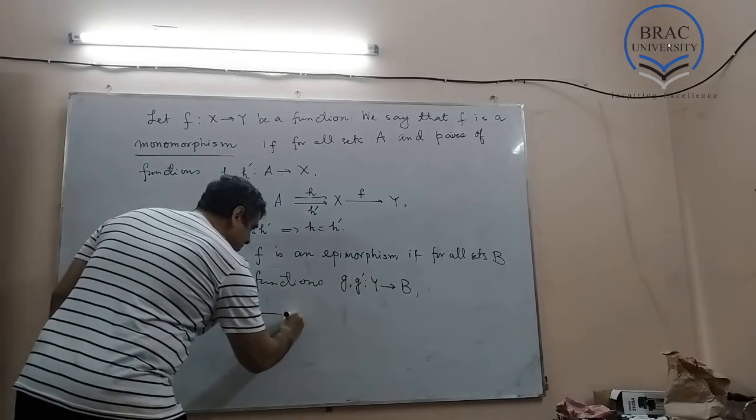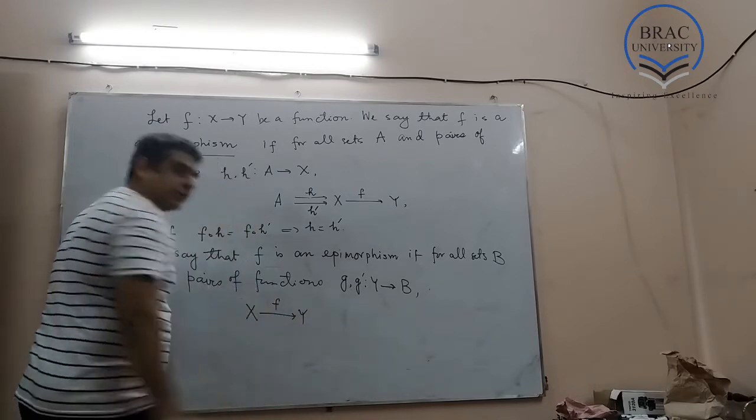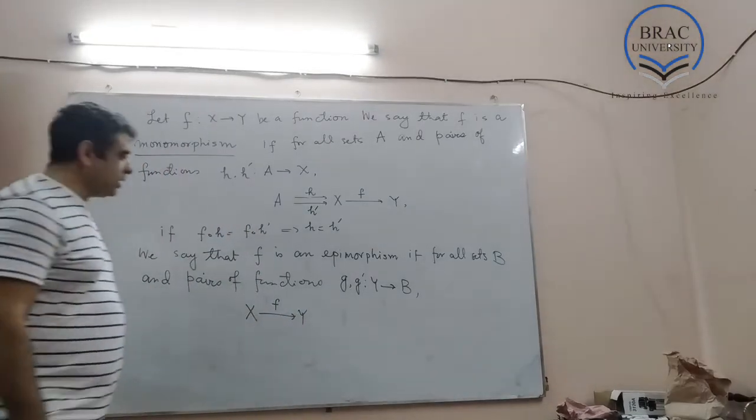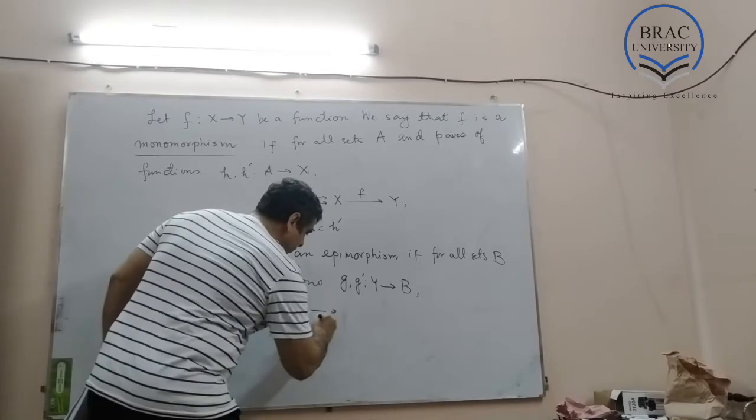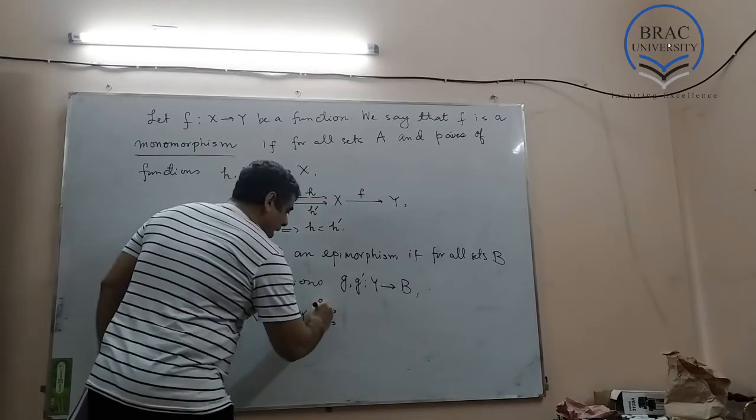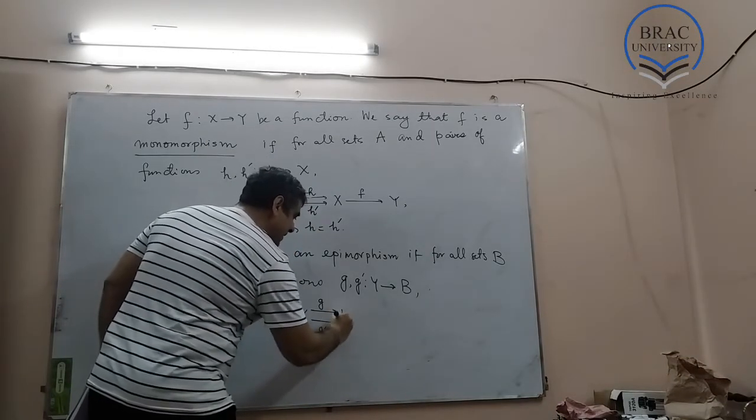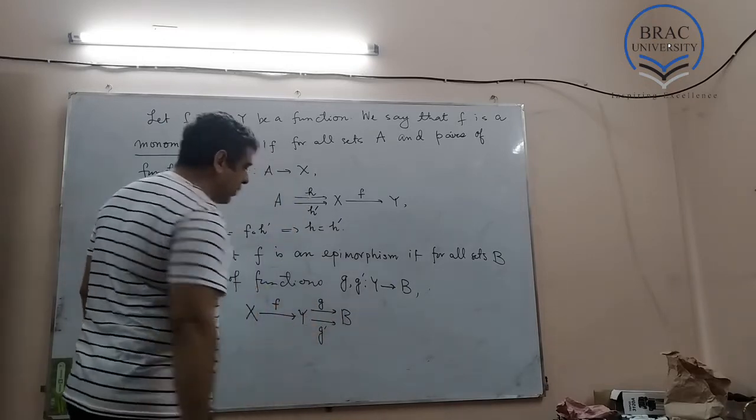We have this diagram first, and then we need two parallel arrows from Y to any set B called g and g prime.